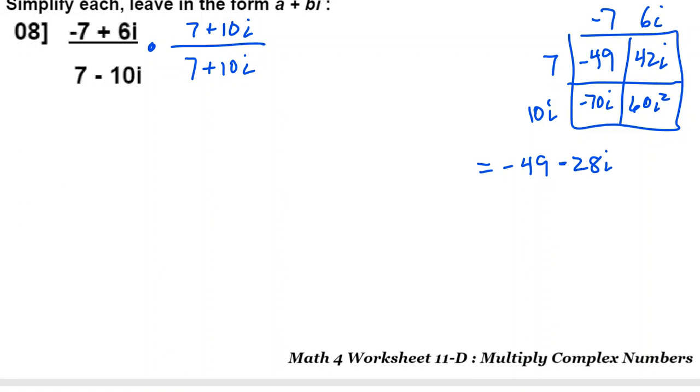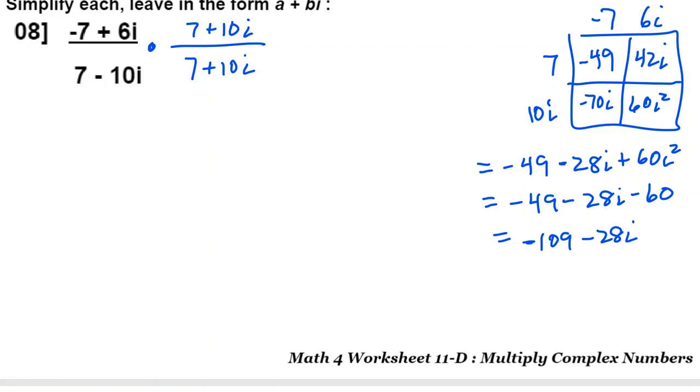And then plus 60i squared, which is going to be that and that. Negative 1 times 60 is going to give me a minus 60. And when I say negative 49 and negative 60, that gives me a negative 109 minus 28i. And that's what the top is going to look like.